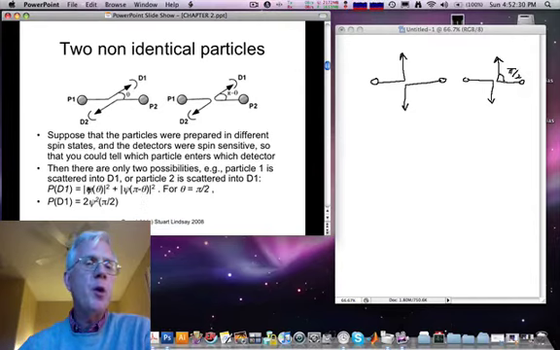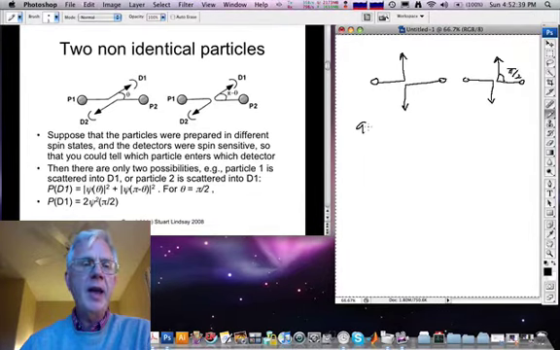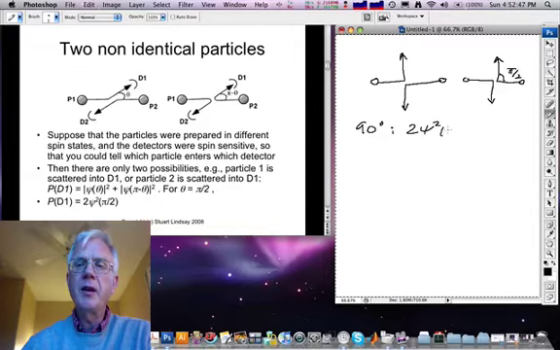So at 90 degrees, this just gives twice the probability of any one particle scattering at 90 degrees, because there are two particles. So this is a simple classical result. Particle 1 or particle 2 could have gone into detector 1.